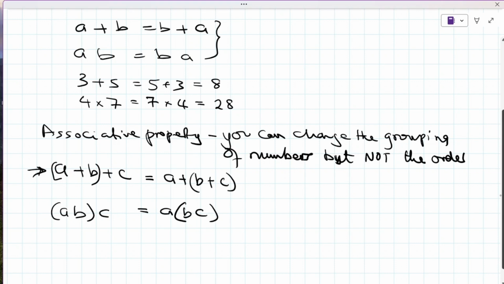So now let's look at some examples of this first addition case. If we had 2 plus 3 plus 4, this will be the same as 5 plus 4, which will give us 9.